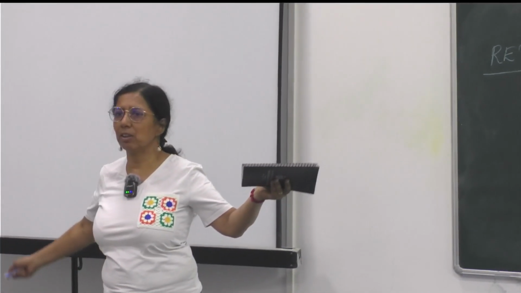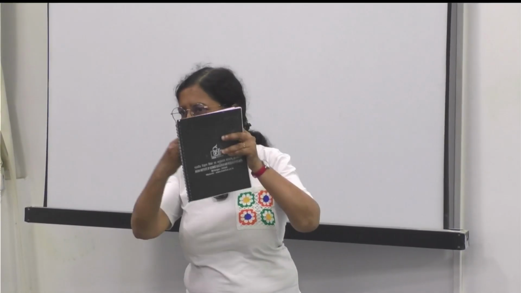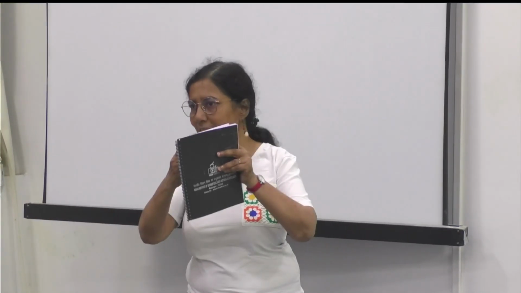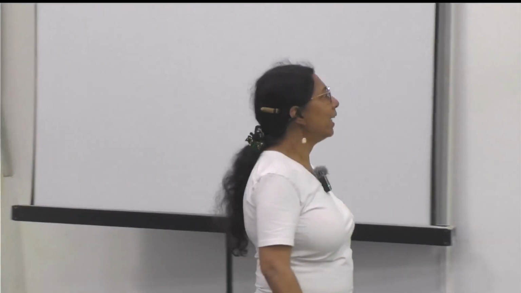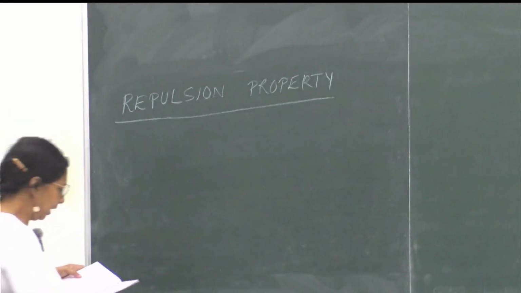Repulsion is the opposite of attraction. When there's attraction, something exists, and then because this thing exists, something else comes there. When there's repulsion, something exists, and because it exists, the others go away.